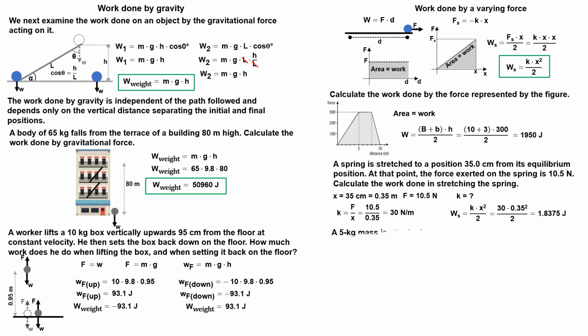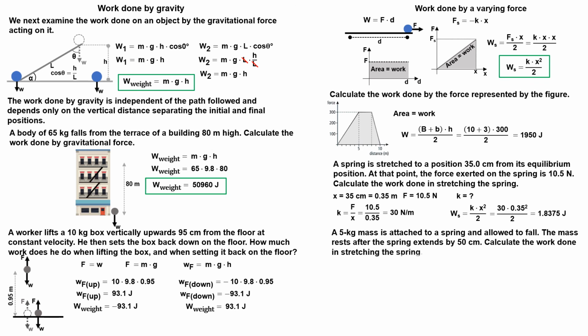A 5 kilogram mass is attached to a spring and allowed to fall. The mass rests after the spring extends by 50 centimeters. Calculate the work done in stretching the spring. The mass is at equilibrium after the spring extends, so the weight equals the spring force.